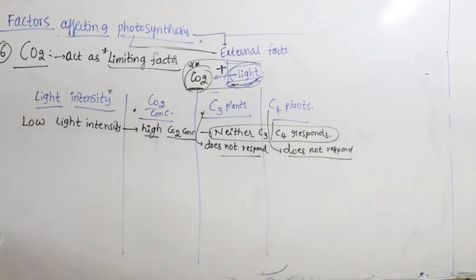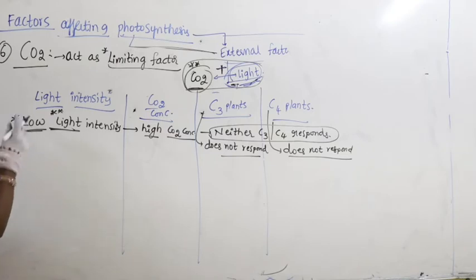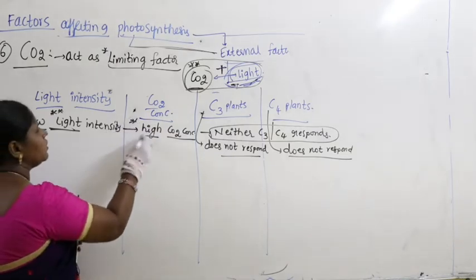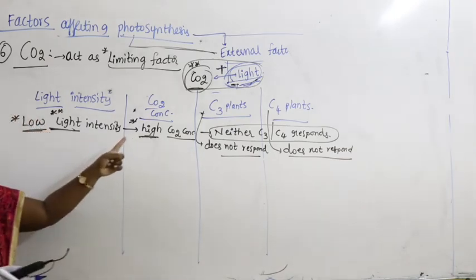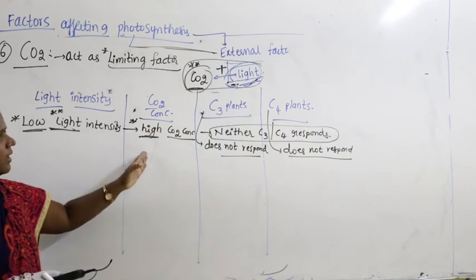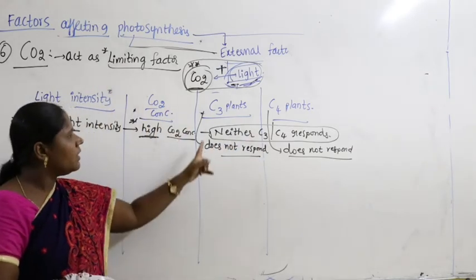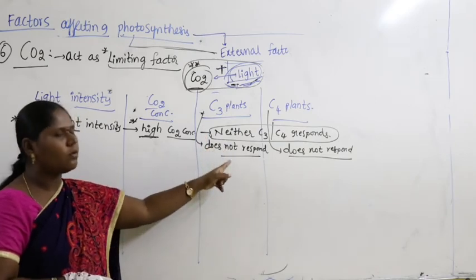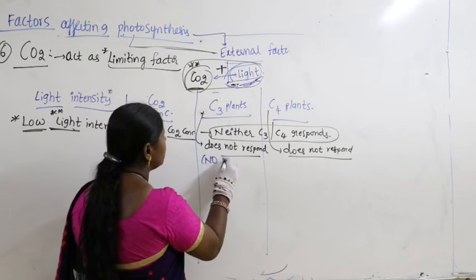Meaning why? Because light is a very important factor, it is needed. If there is no sufficient amount of light, even though carbon dioxide concentration is high, at low light intensity neither C3 nor C4 responds, meaning C3 plants do not undergo photosynthesis, meaning no photosynthesis.